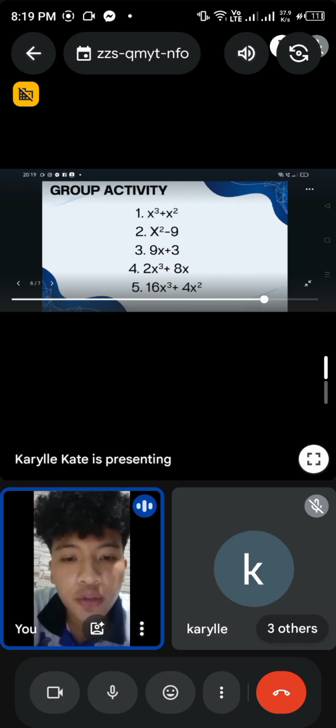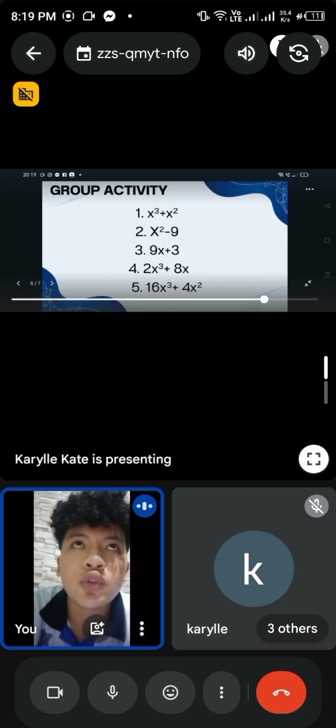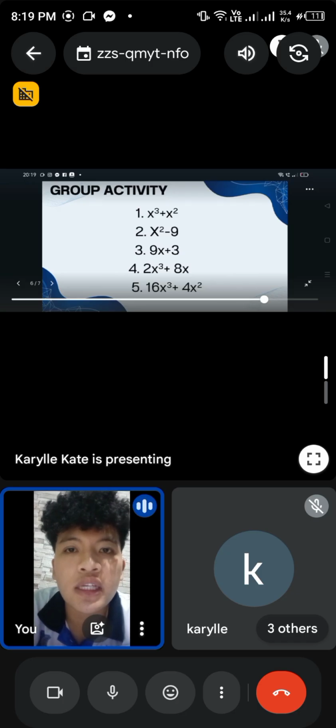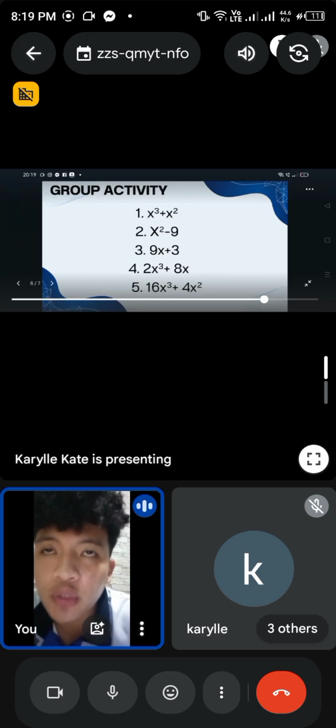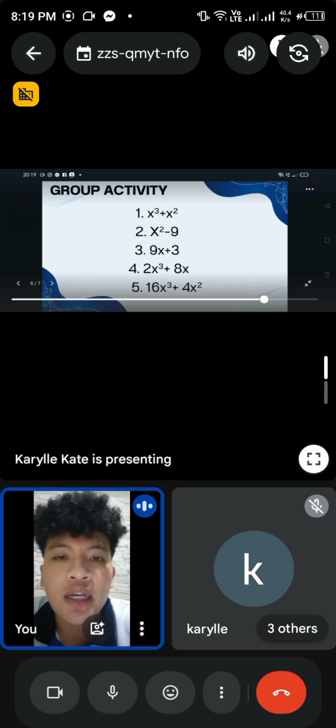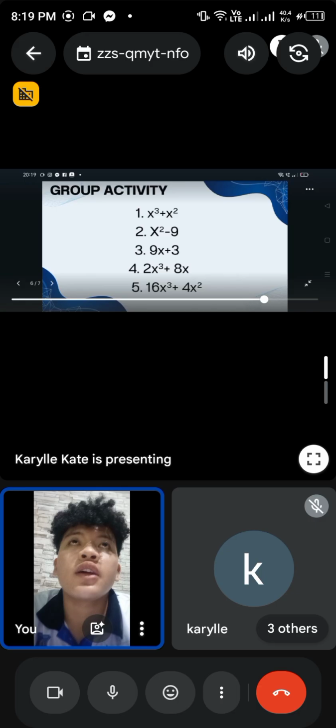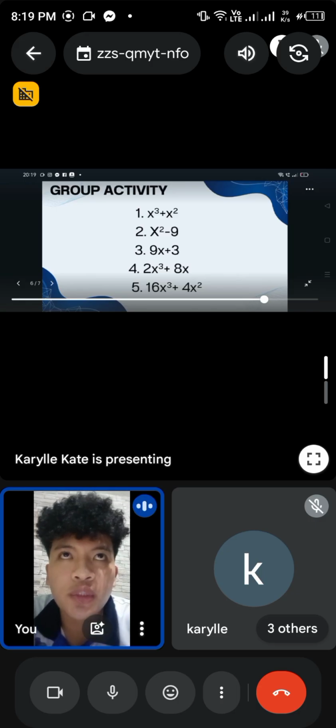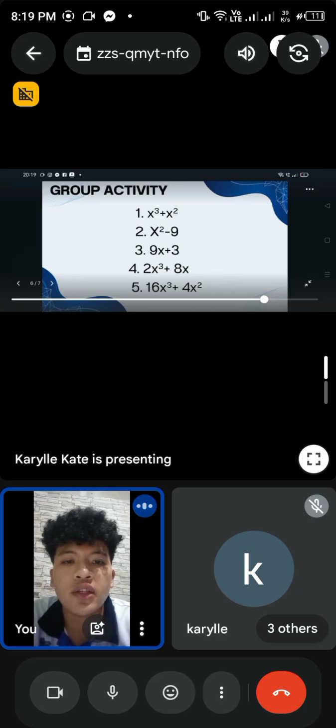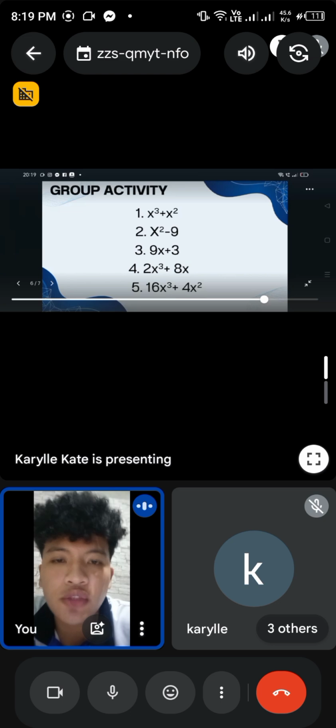And after you solve, then I will count to 3, and then you will be raising your hand. So the first group that will raise their hand will answer the question, and if the first group is unable to answer, then the second group has a chance to steal.